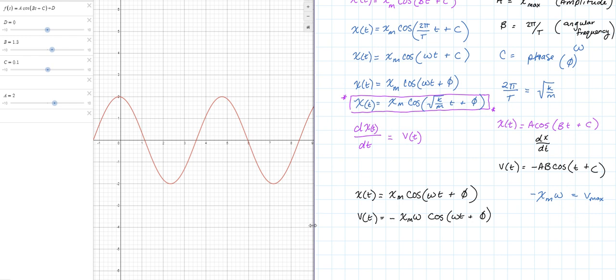So when you write this out, obviously the velocity function could be equal to this velocity max, now instead of x sub m omega, times the sine of the angular frequency times t plus the phase.